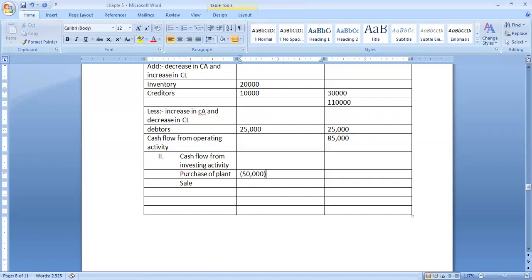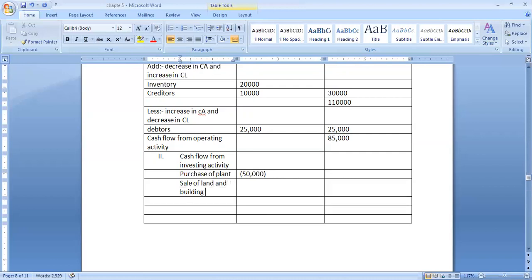So it is 50,000. Next, there is a sale of land and building. Okay. So this also you got while calculating the value. So whatever the value that is going to remain will be indicated here. That is 30,000 will be indicated here. So 85,000 minus 30,000 gives you 55,000.